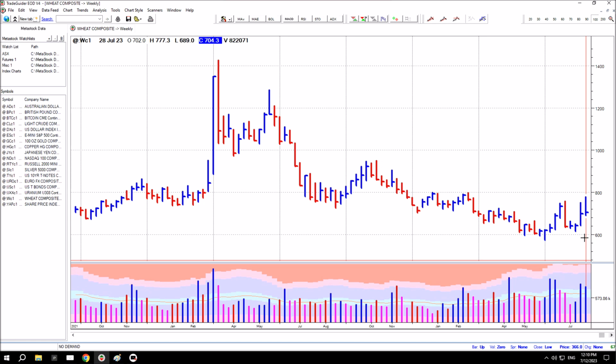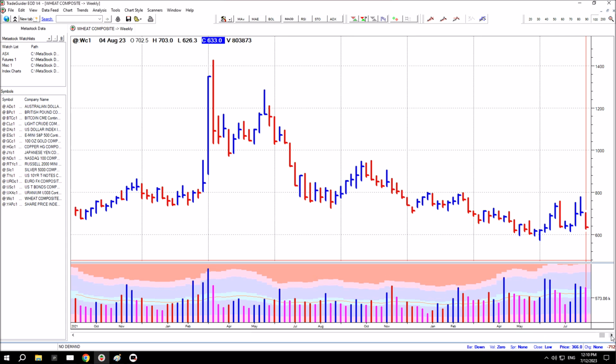Another supply bar where you can see the market's coming up to this level that we said was going to be difficult, and it failed here, failed there, and moved lower. Now it's trying to recover, and both times enough supply has been drawn out to knock price down, close off its high here, and close near its low there.